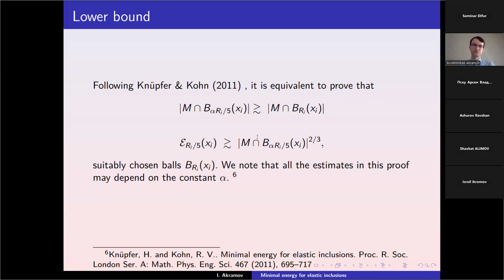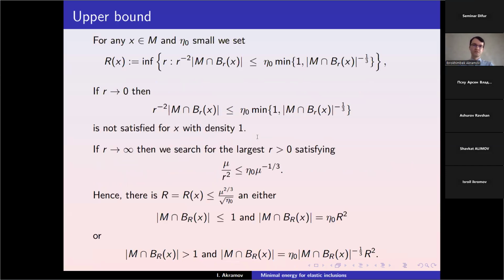Okay, how do we show these two inequalities? For the first, for x in M and nu small, we first set Rx equal to the infimum of R such that R to the power of -2 times the measure of M intersected with B(R, x) is smaller than nu 0, and the minimum of 1 and this measure.